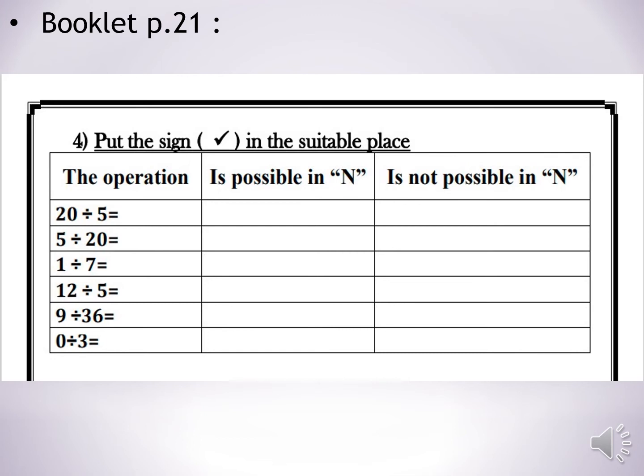The operation 20 divided by 5 equals 4. 4 is possible in N. 5 divided by 20 is equal to 0.25, so it's a decimal number, it's not possible in N. 1 divided by 7 equals 0.14, it's also a decimal number, so it's not possible in N. 12 divided by 5 equals 2.4, it's a decimal number, so it's not possible in N. 9 divided by 36 equals 0.25, it's a decimal number, so it's not possible in N. 0 divided by 3 equals 0. 0 belongs to the natural numbers, so it's possible in N.